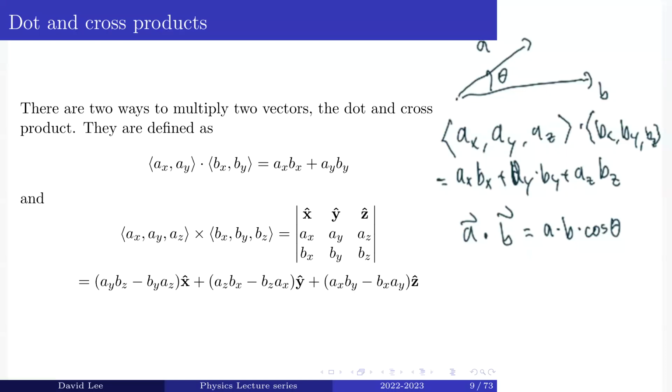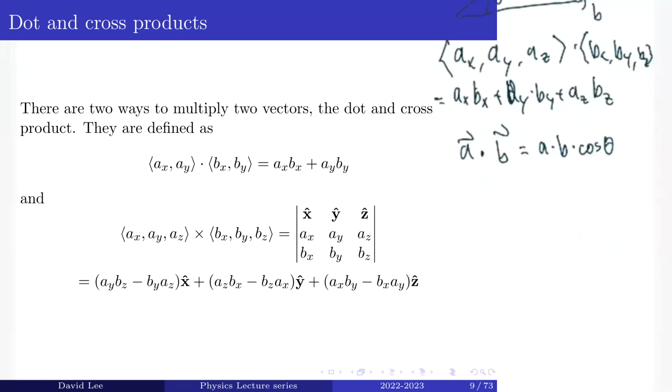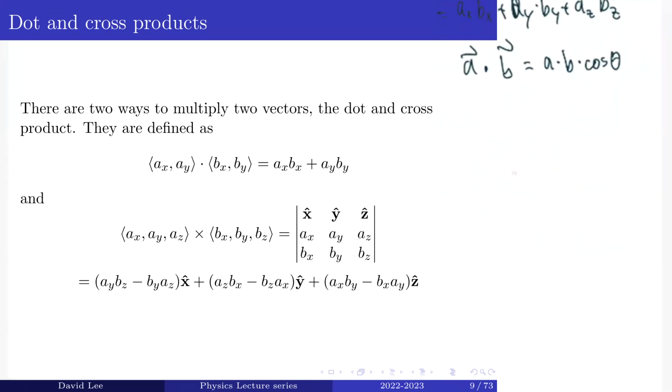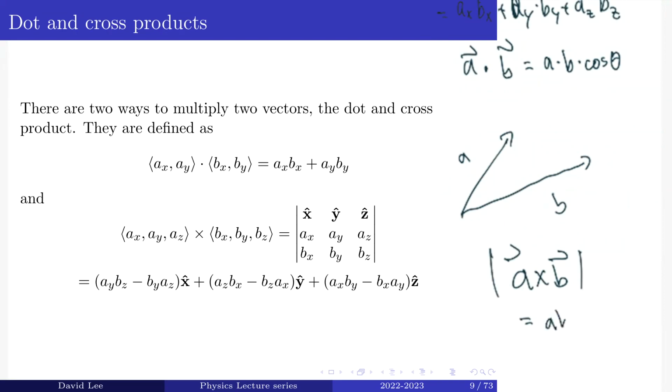But if you want a geometric interpretation again, the cross product of two vectors, so we have A and B. A cross B is going to be a vector and it has magnitude of AB sine theta, where theta is the angle between them. And the direction is determined by the right hand rule.